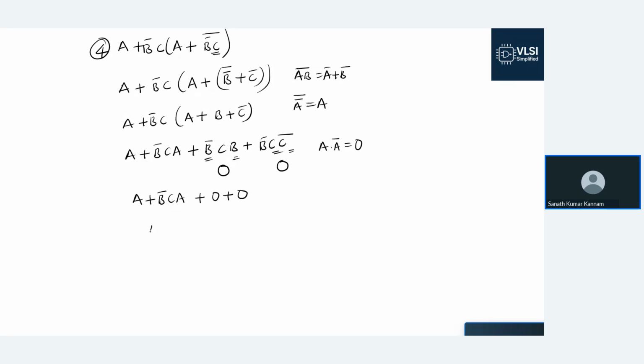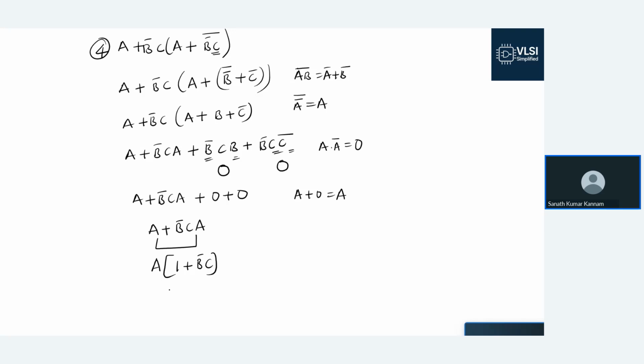So you will get A or B bar C A. Since you know that A or 0 equal to A. Okay. And what you can take common? A you can take common. If you take A common, what you are getting? 1 plus B bar C.